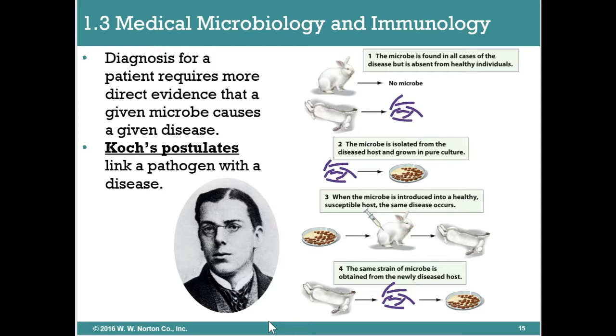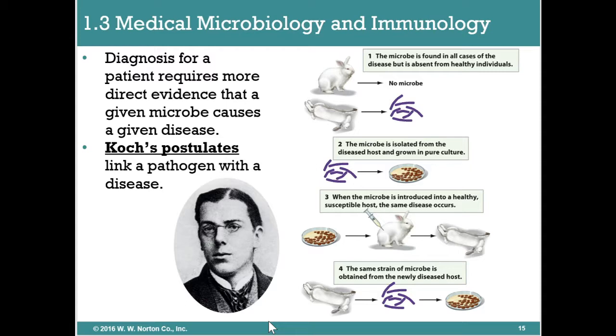Then, unfortunately, after those patients die, the microbe has to be able to be isolated and then grown. So we have to be able to grow the flu. Once we have just the flu microbe, we infect our healthy host.